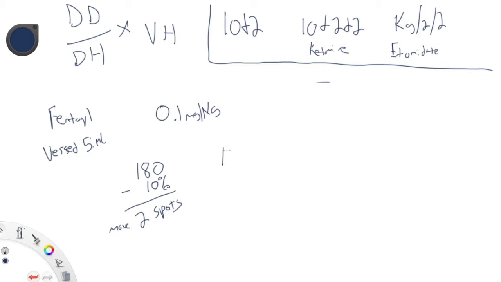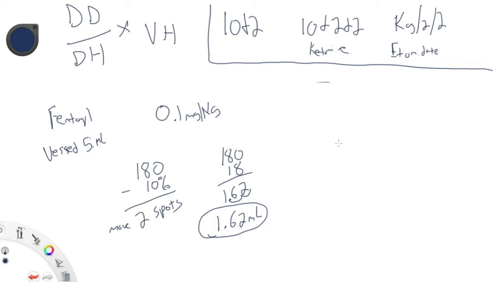So 180 minus 10%, which is 18, is going to be 162. Then we move this over, so we get 1.62 mLs. Now this is going to be the accurate dose for your fentanyl, and it's going to be your accurate dose for Versed at 5 milligrams to 1 ml. So that is the 10 and 2 rule.